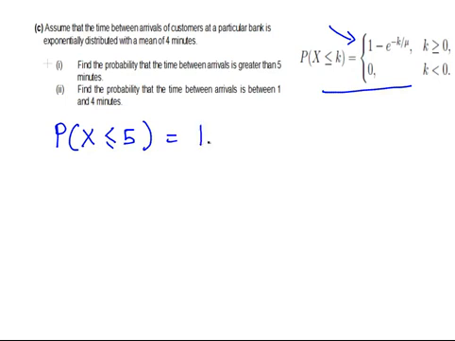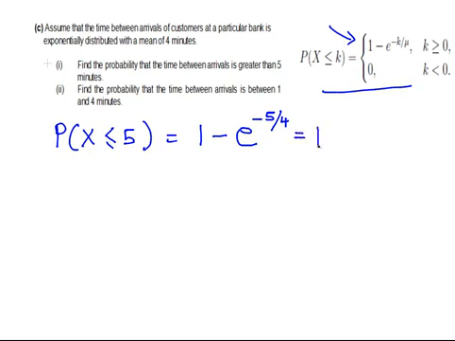That is 1 minus e to the power of minus 5 divided by 4. Just as a remark, if you were doing k times lambda, you actually get the exact same thing right there. So this is just a little bit of calculation work now.